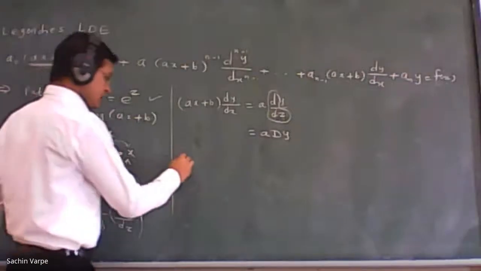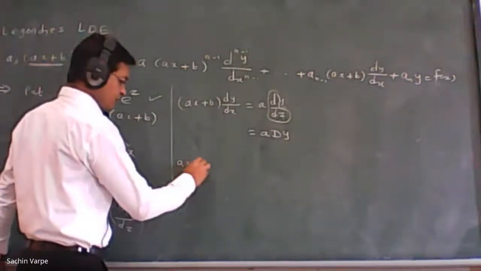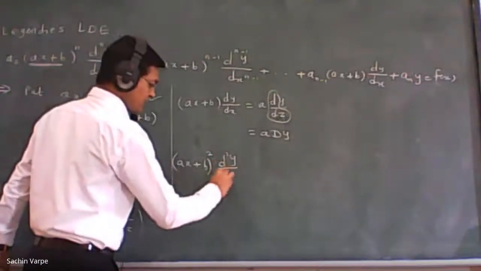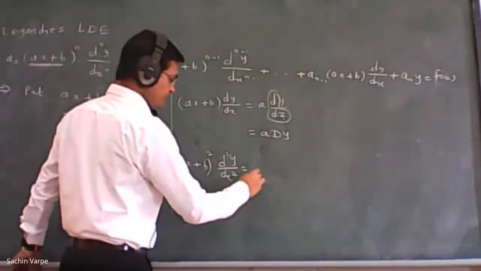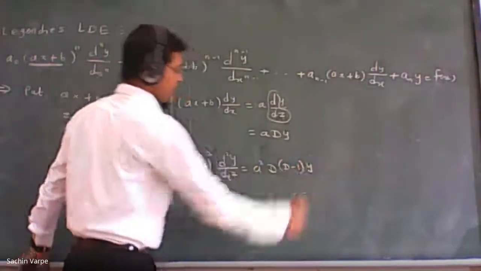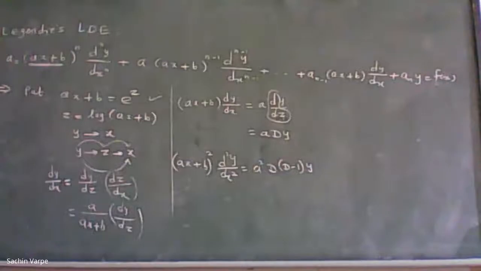Now similarly, what will be the substitution for second order? Ax plus b square into d2y by dx square. What will be the substitution? A square into D into D minus 1 y, isn't it?